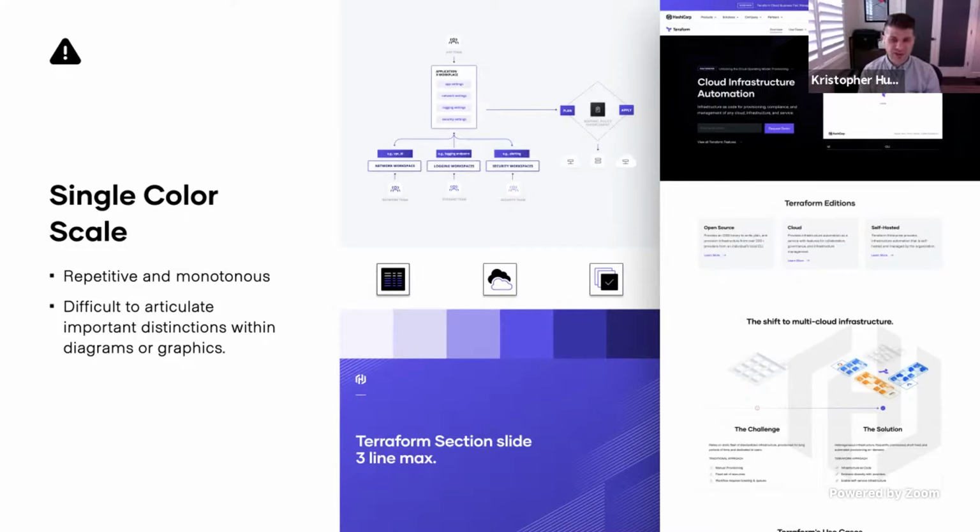The other challenge that we came across is at HashiCorp, there's so much documentation and diagramming and technical communication that having various colors at your disposal to be able to draw distinctions is super helpful. And having a single color palette definitely makes that challenging when trying to portray fairly complex ideas within a diagram.